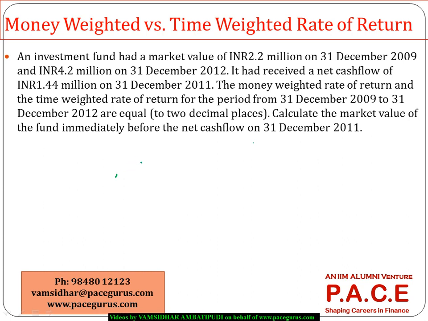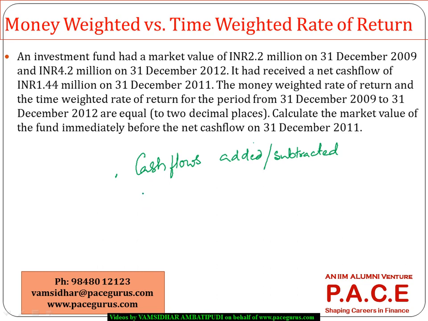The money weighted rate of return always goes with the cash flows added or subtracted. So if any cash flow is added, we consider for what period it is invested, and if it is subtracted, then we adjust the remaining cash flow accordingly, and then finally compute the return.